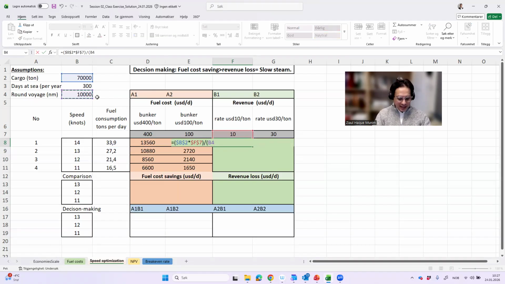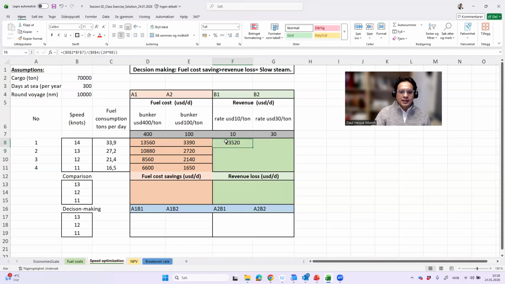We also have to fix this cell, and then we divide it by, I start with another bracket, 24 hours in a day. If we multiply the 24 hours with the average speed of the vessel, then we get how much it can go in a day. So then we will know how many days it takes to make the whole trip, right? So then we close the bracket, enter, and we get this value.